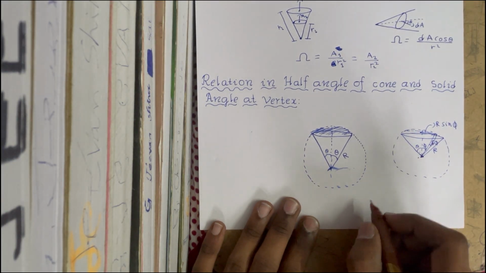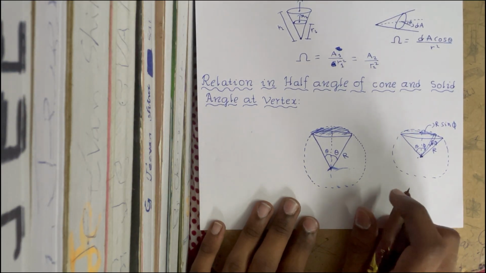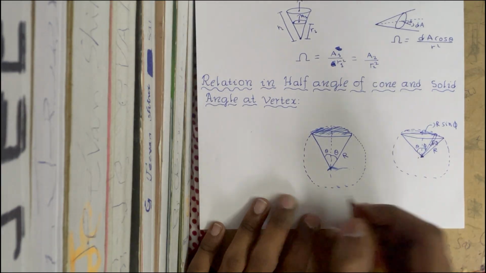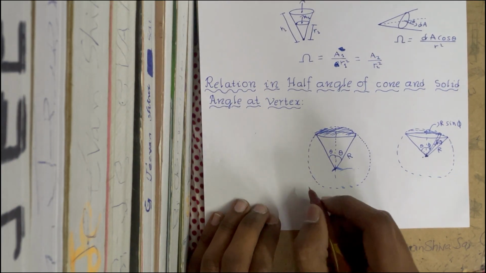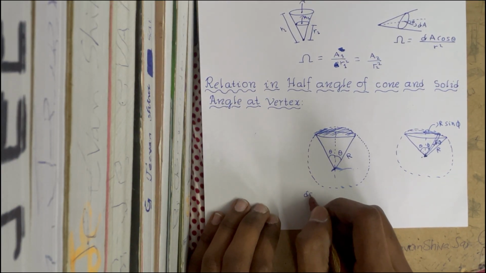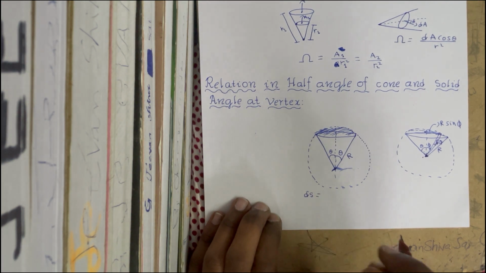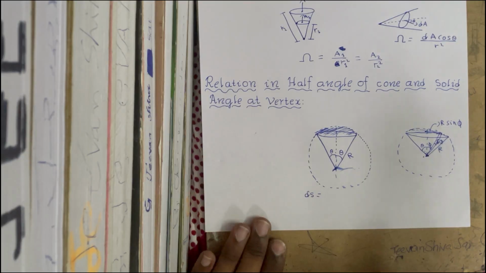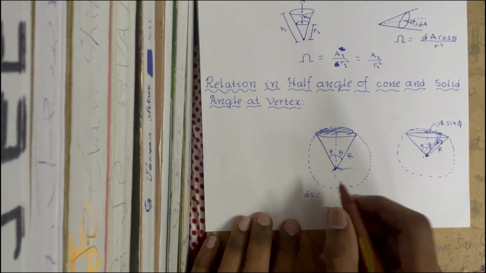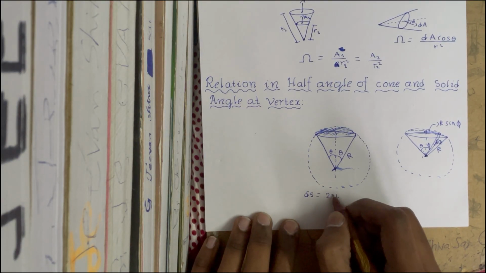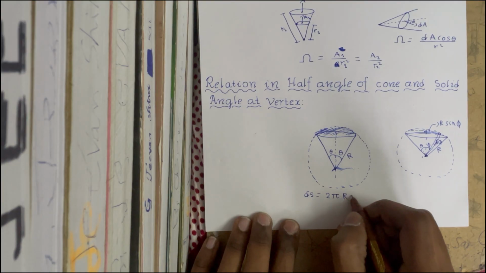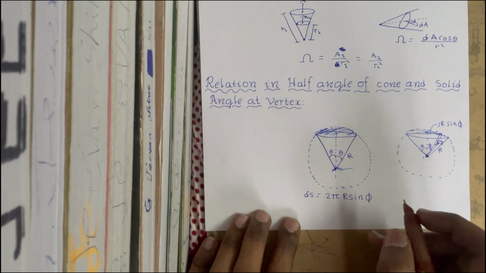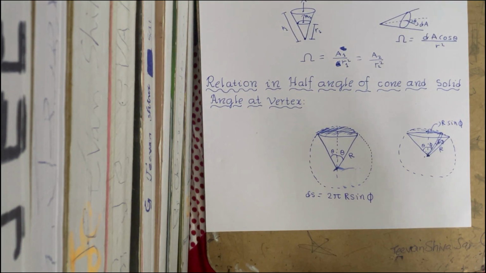So the area of that elemental ring is going to be ds, where ds is the surface area, equals 2 pi r sine phi. Don't confuse this with the electric flux.